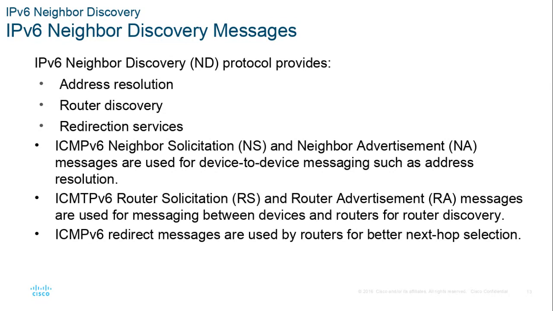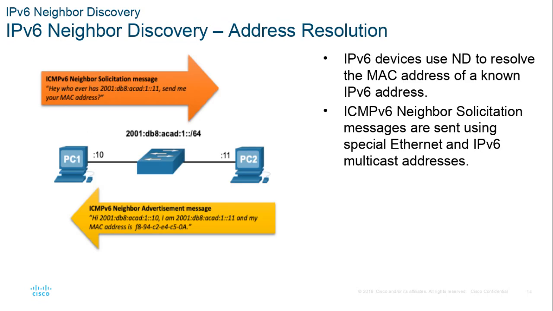We still need to line up the layer 2 physical MAC address of that destination workstation with this IP address. I know my own IP address. I know my own MAC address. I know the destination workstation's IP version 6 address, but I don't know its MAC address. So we're going to do the same thing. We're going to send out some neighbor solicitation messages.